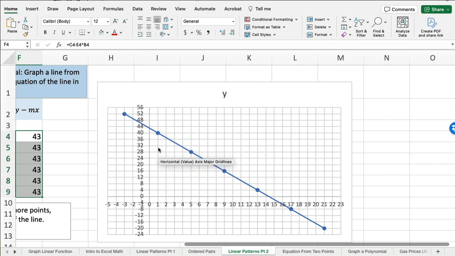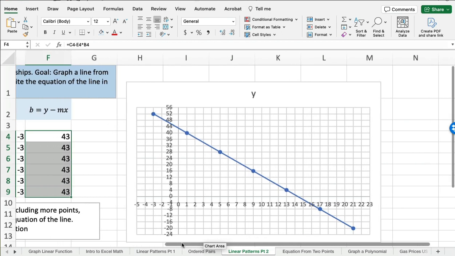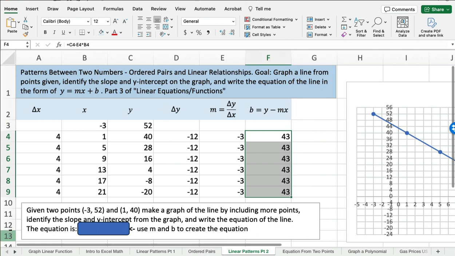So your delta y is this vertical distance here, and your delta x is your horizontal distance here. Okay, so I just wanted to show you that on the graph, and that's the graph of our line. So we've accomplished the first 2 parts of our goal. We've completed our table, and we've actually been able to identify things from the graph.